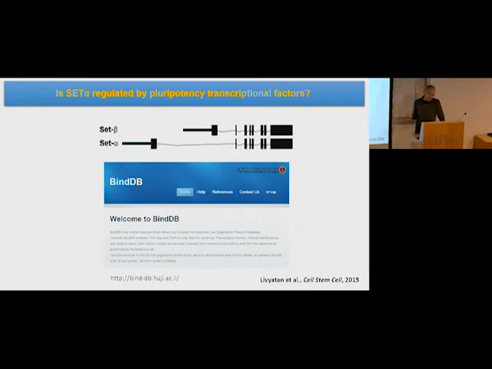We also developed this, which I alluded to in my first slide, an in silico approach. It was basically a website that we generated called BindDB. You're welcome to use it. We collected all the ChIP-seq data sets in embryonic stem cells, both mouse and human. The idea was to perform a reverse ChIP in silico.